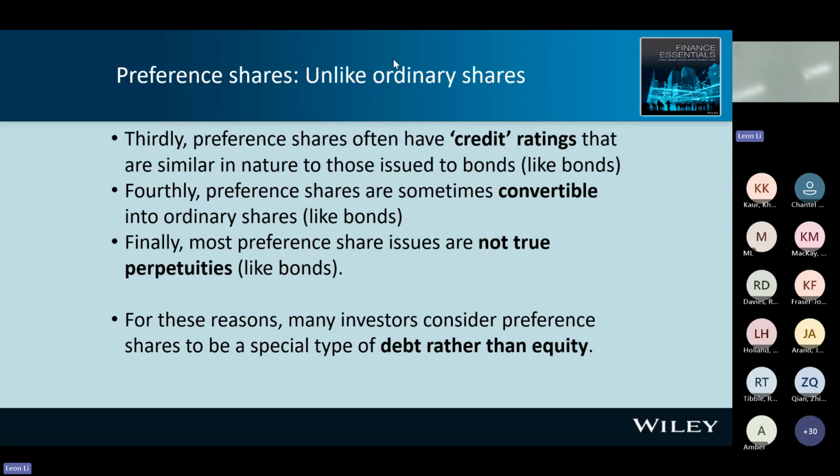Similarly, preference shareholders have the option to convert their preference share to ordinary share. Finally, most preference share issues are not true perpetuity. That means preference share has a maturity date, like a bond. So overall, many investors consider preference share to be a special type of bond or debt rather than equity.